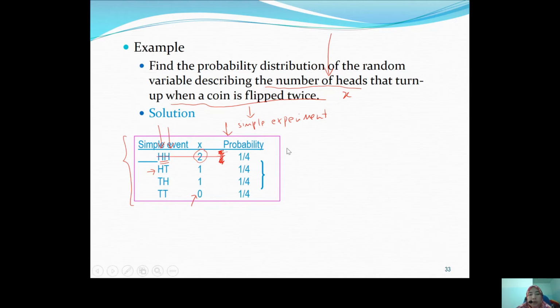To find the probability, it is given here. Each has probability 1/4, meaning there is one case of getting both heads out of 4. So this is our sample space. Please take note that the summation of this probability column is equal to 1, which follows the rules of probability.